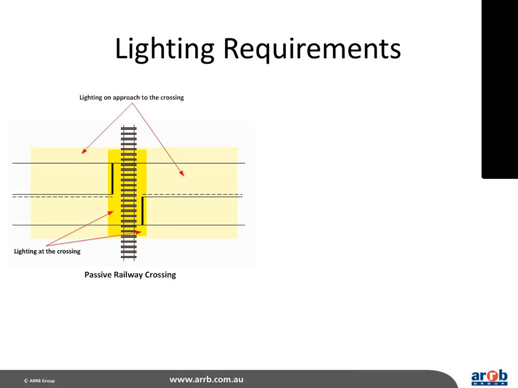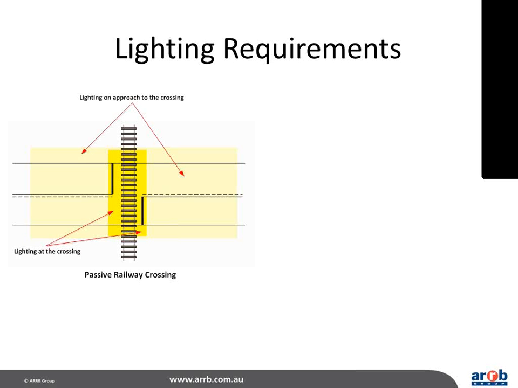At the passive railway crossing, as I mentioned earlier, there are no controls. There's nothing to tell the driver that a train is approaching. It's the responsibility of the driver to either stop or give way: slow down, stop, look to make sure that the railway crossing is clear before carrying on.